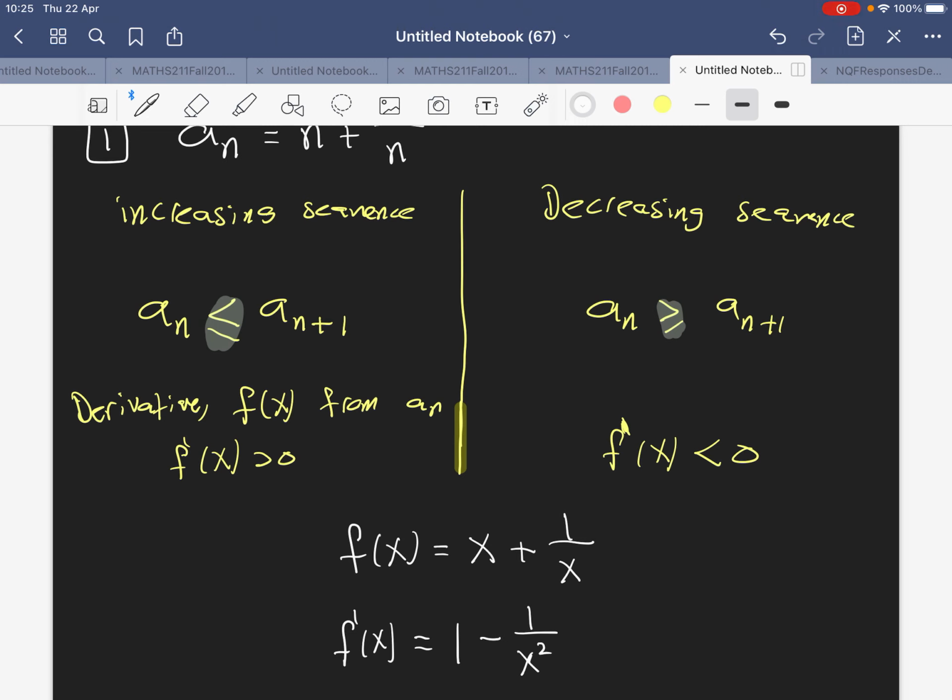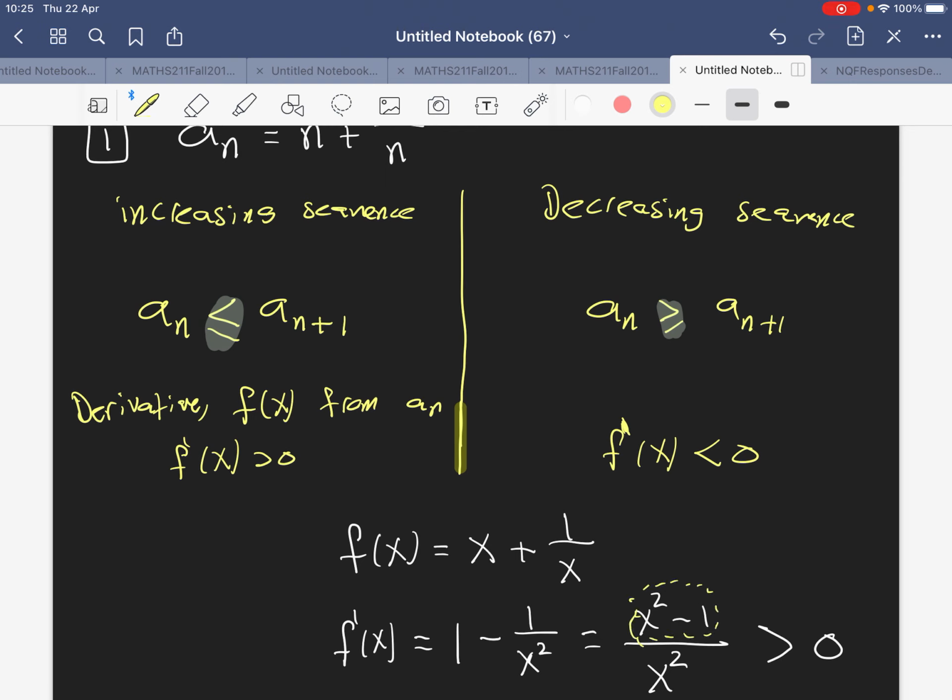Now, is this positive or negative? I don't know, I need to play with it. So let's get a common denominator. This gives me (x squared minus 1) over x squared. And this is positive. Why? Because x is a very large number.